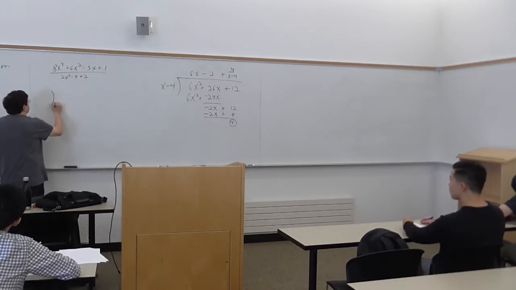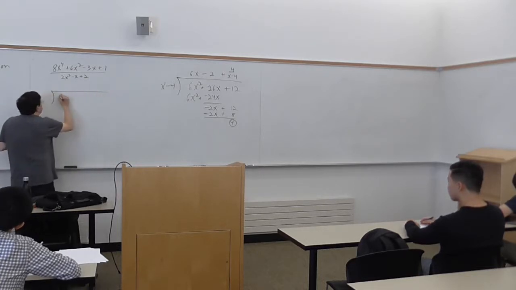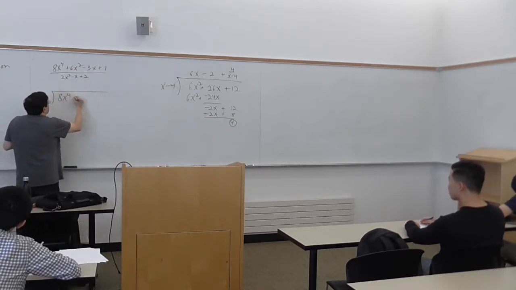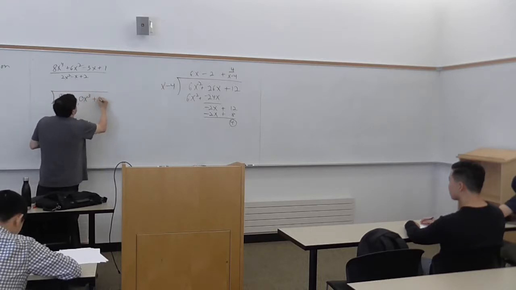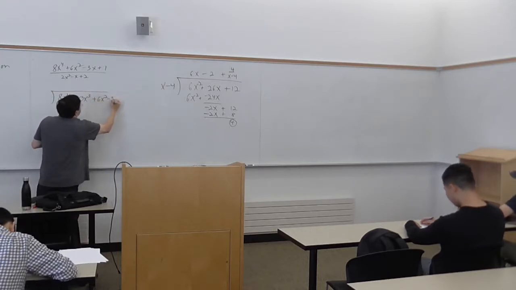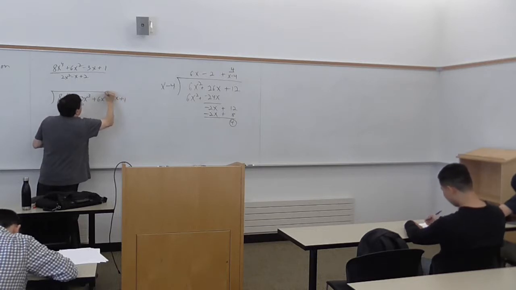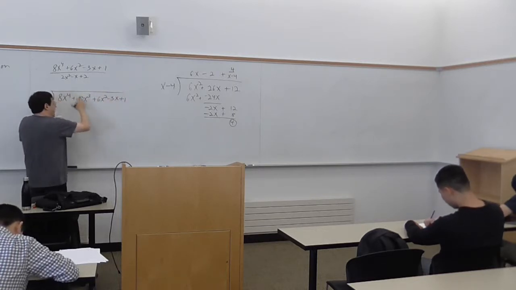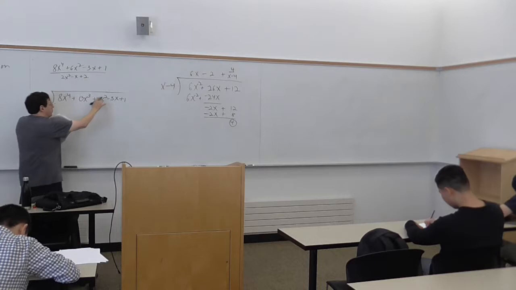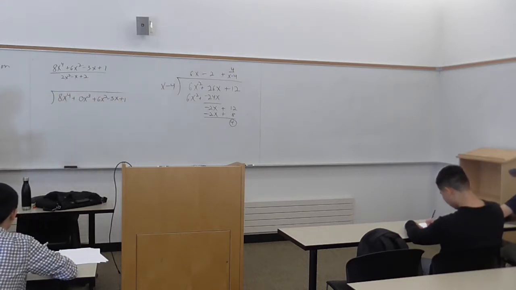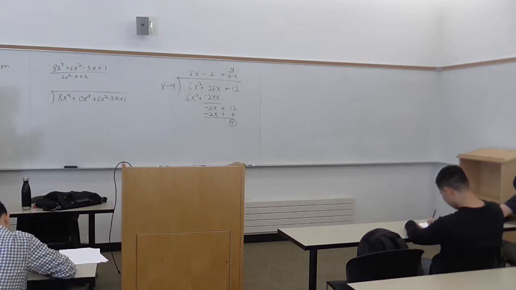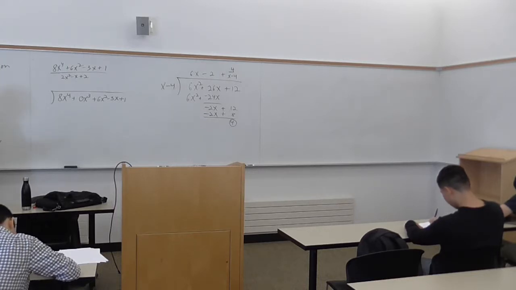So when you do this, please do not forget 0x cubed plus 6x squared minus 3x plus 1. Because, again, this is all very based on these columns and everything being in the right order. Otherwise, you can mess it up really easily.